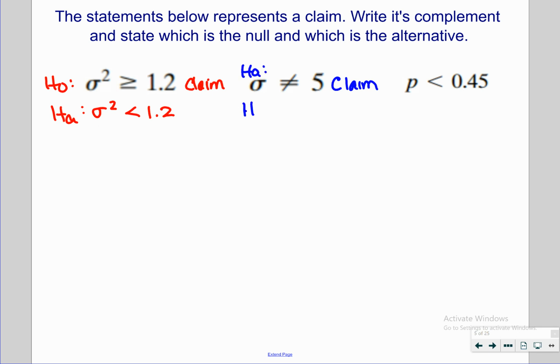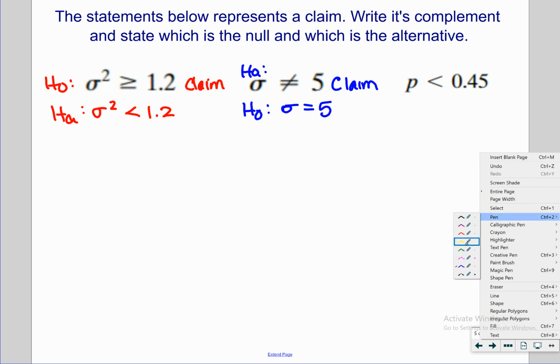Which means my null will contain the statement of equality. So my standard deviation is equal to 5. It's the opposite, the complement of that. Okay. Last one is a statement being made about a proportion. The proportion of something is less than 0.45. So it's less than 45%.